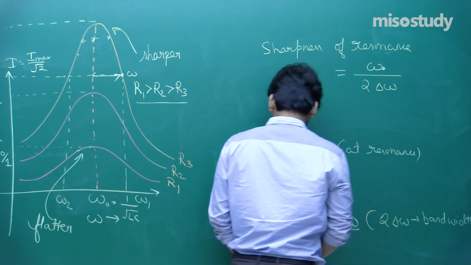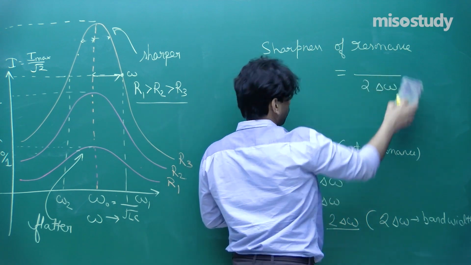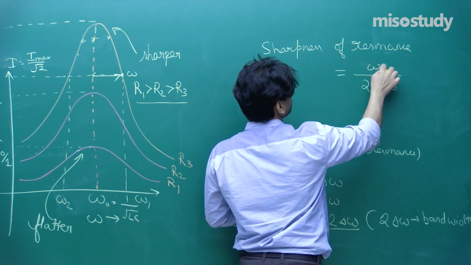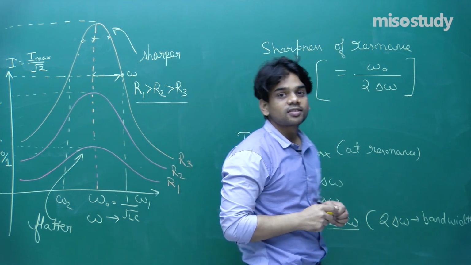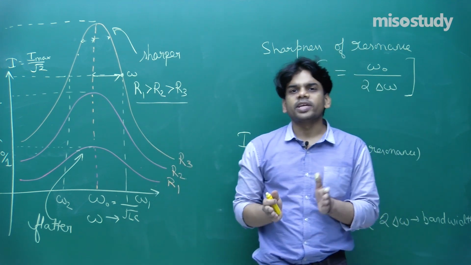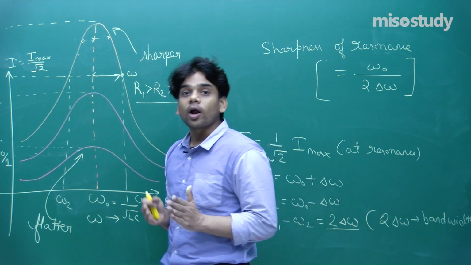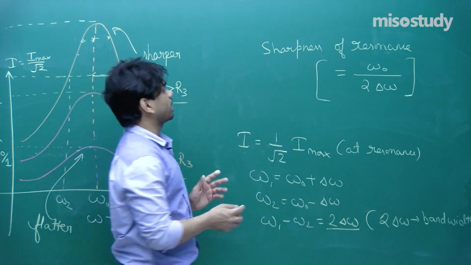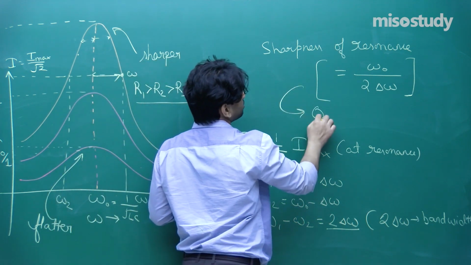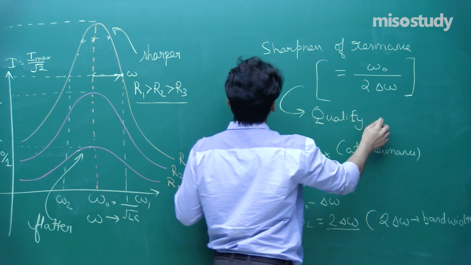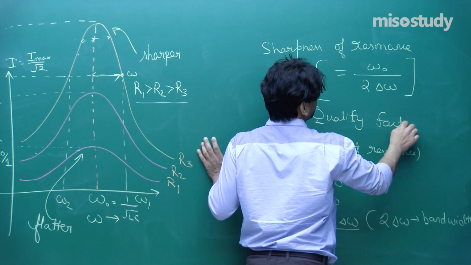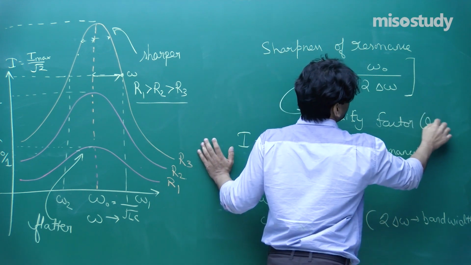This is known as the sharpness of the resonant circuit, or sharpness of the resonance. And the same is the quality factor, or Q factor, of the circuit.